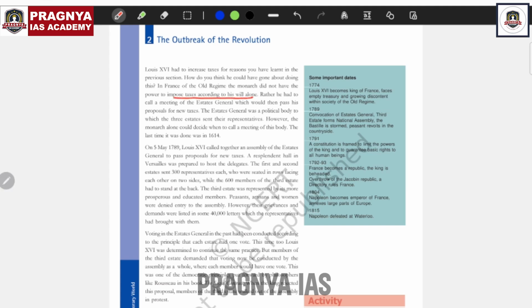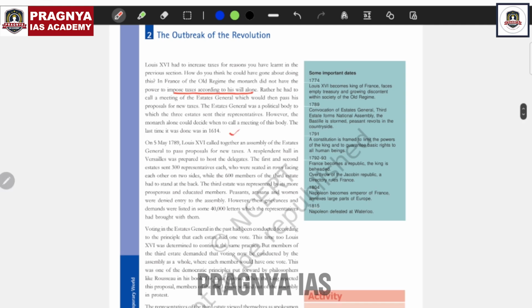Why? There was a political body known as the Estates General, which passed the proposal for new taxes. When and how to meet this political body depended on the will of the monarch. But the monarch alone did not have the authority to impose taxes.